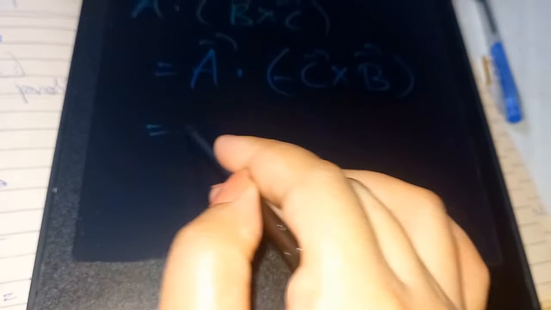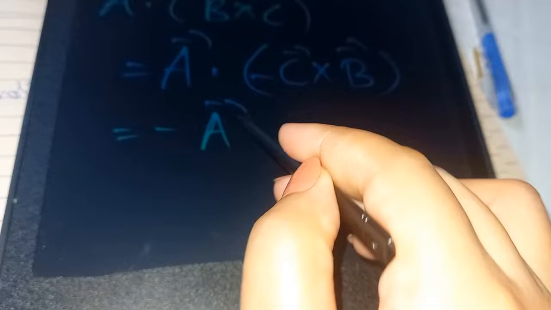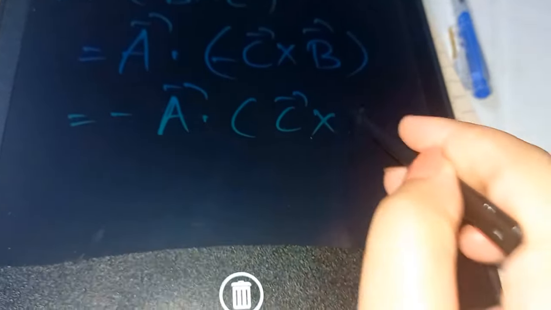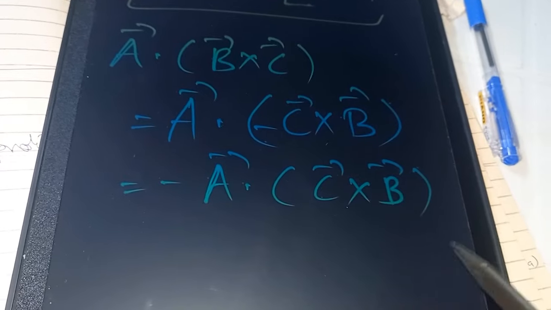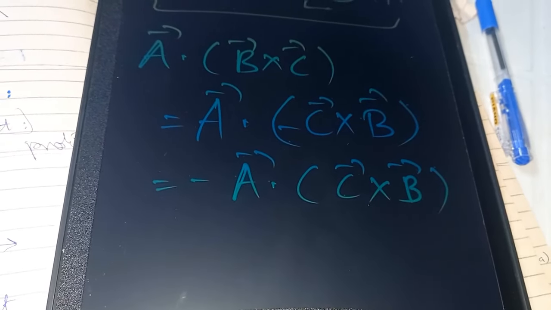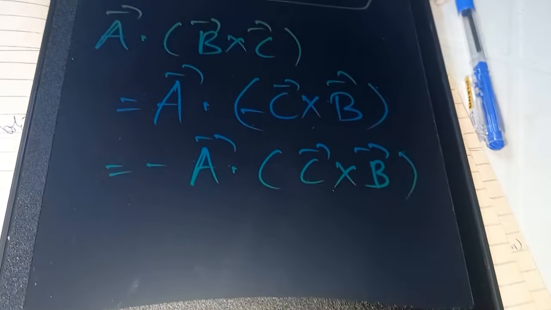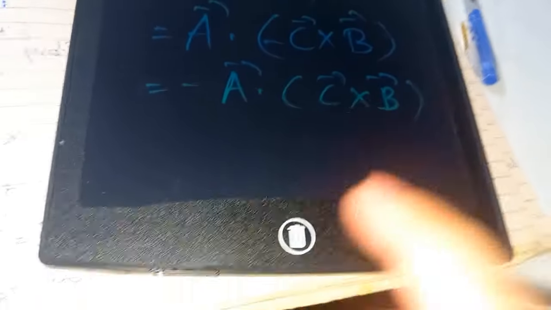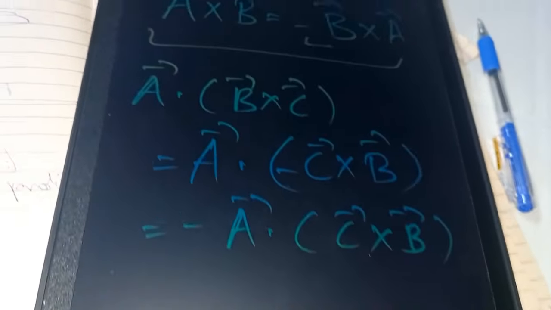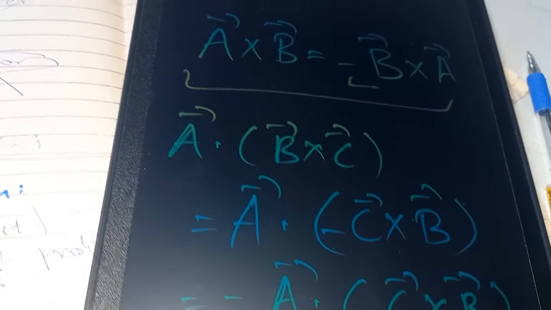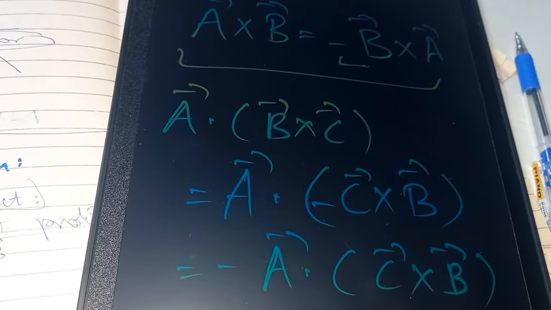This negative sign comes at the start, so this is the final form. So this is what happens when we have shifting in between the cross. So yes, this is all about scalar products. You can easily calculate them.